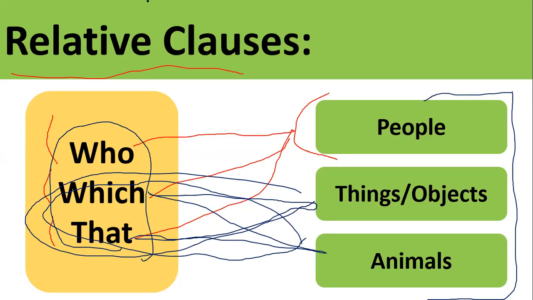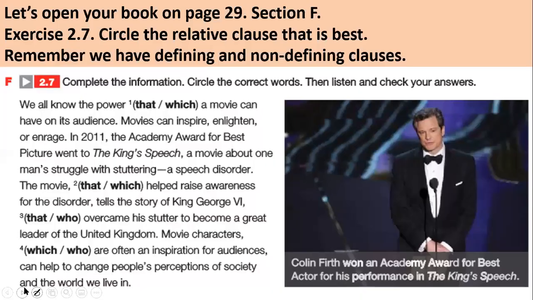No questions? All right, so we're going to do this. I was a little confused with this one. Did we finish this activity last week from your book? No? Okay. So can you please open your book on page 29? We have section F. The exercise is 2.7.